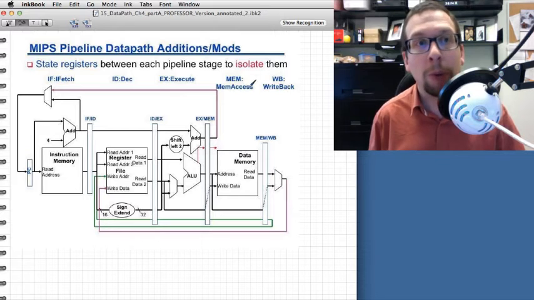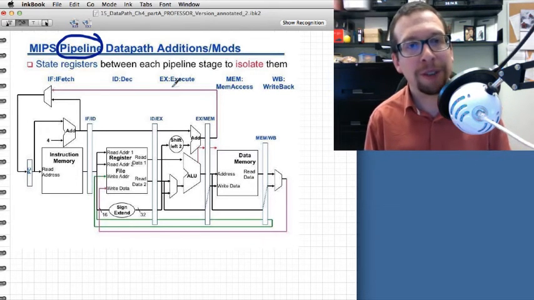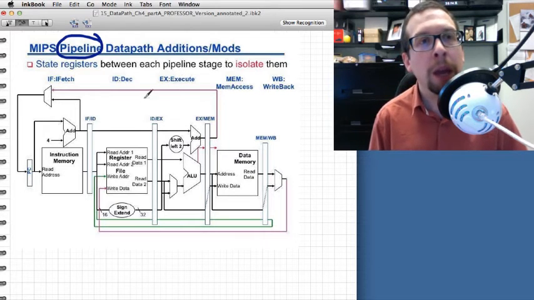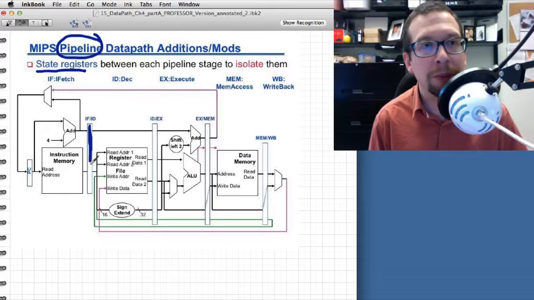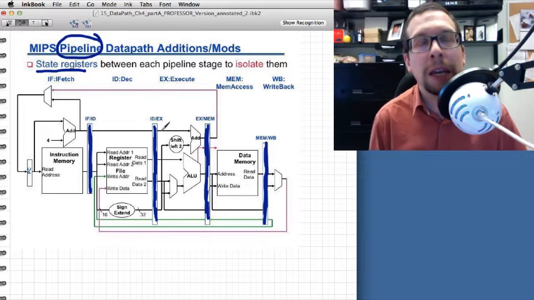Okay, so now what we need to talk about is what happens with respect to pipelining and how the control signals are going to be broken up over time with respect to executing different aspects of an instruction, okay? And the way this is done is by talking about something referred to as state registers. And these state registers are these blocks. You can see them. There's one right there, another one right here, another one right here, and another one right here. And what these things are doing is they're helping to break up the flow of data.